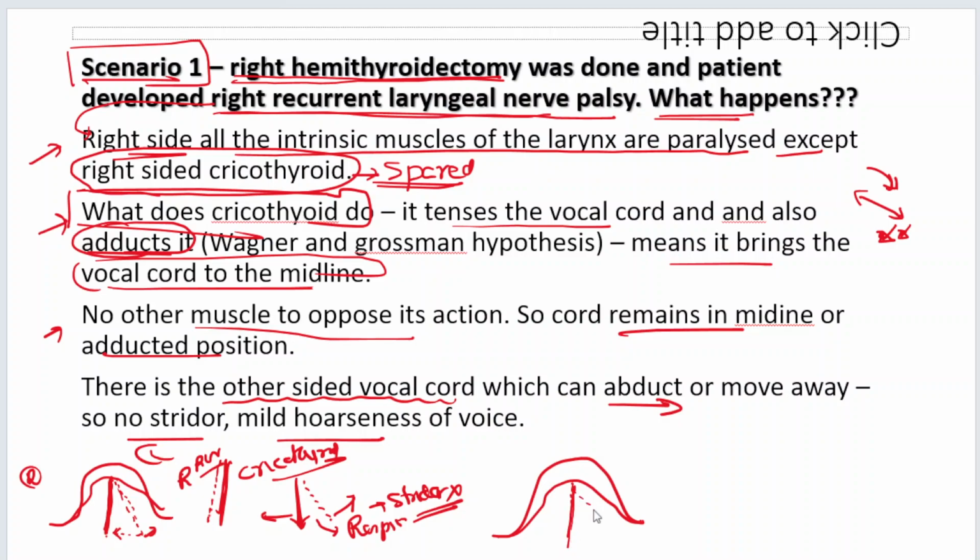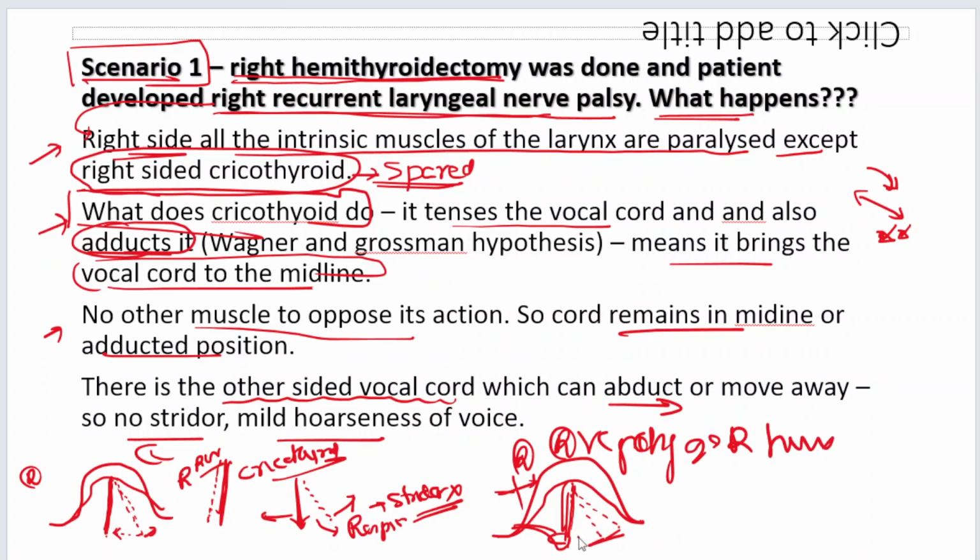This one can be present here, this one can be present here, and it will be moving perfectly, but this one will not move. The right-sided recurrent laryngeal nerve palsy means this cord will not move. So this is called right-sided vocal cord palsy, which is secondary to right-sided hemithyroidectomy. Because the left vocal cord is doing its function, the patient will not have any symptoms other than mild hoarseness.